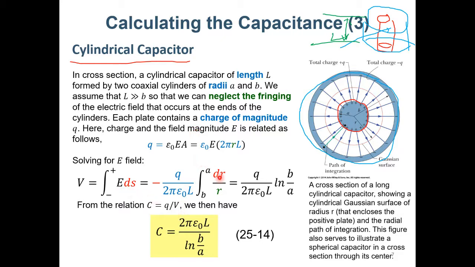We substitute E equals Q over 2 pi epsilon 0 L r. The r is inside the integral because ds is in the radial direction, so ds is the same as dr; s is equal to r, I mean. So for this integration, it is something like this.